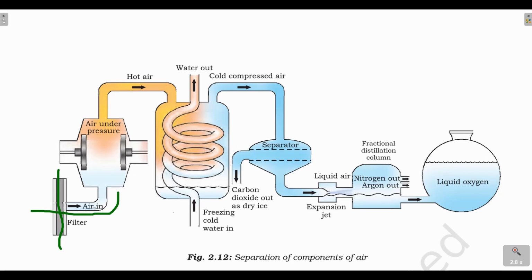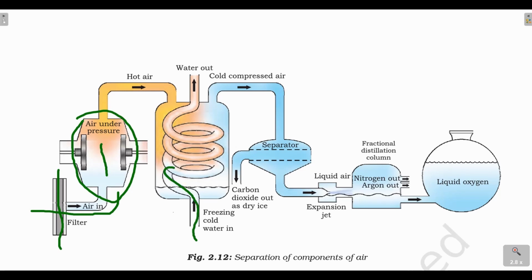After the filtration, the fresh air passes through this part, where a compressor is attached. There are two pistons in this compressor. By using this compressor, the air gets compressed, so the temperature increases and the hot air moves through this. Also, a condensation process is happening here.